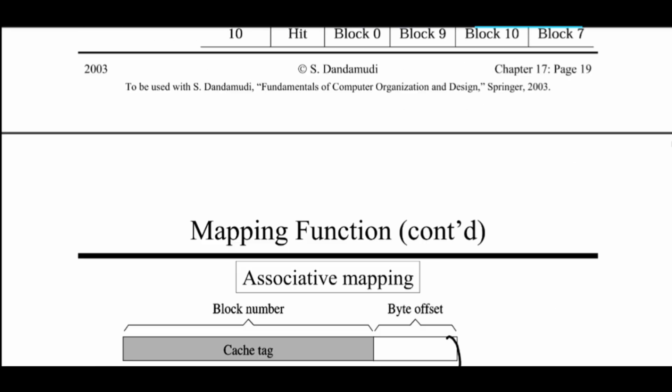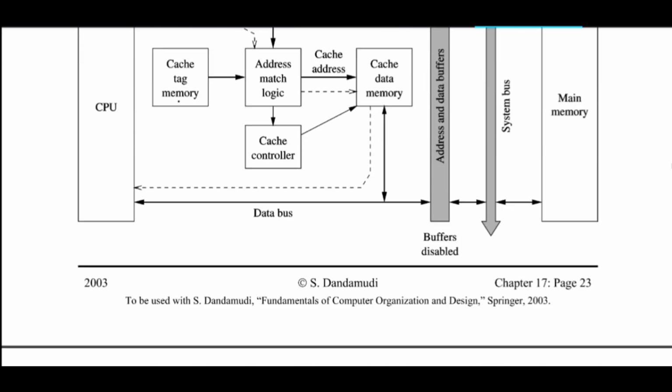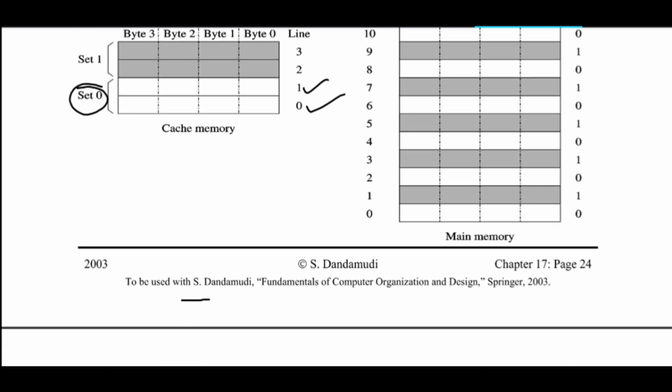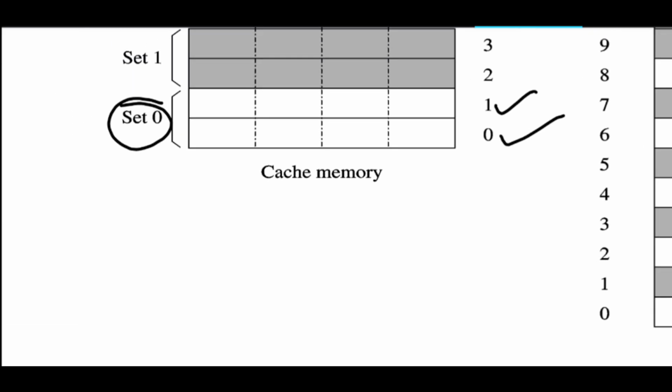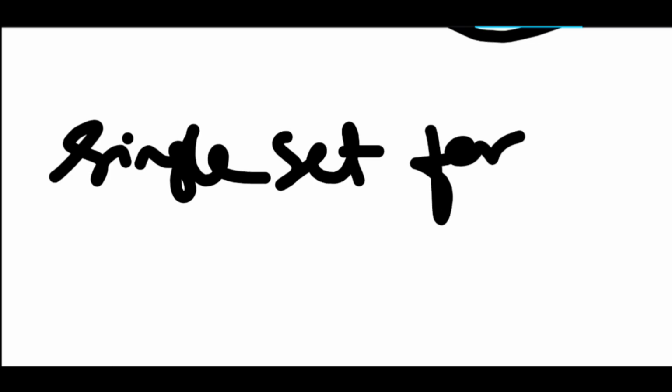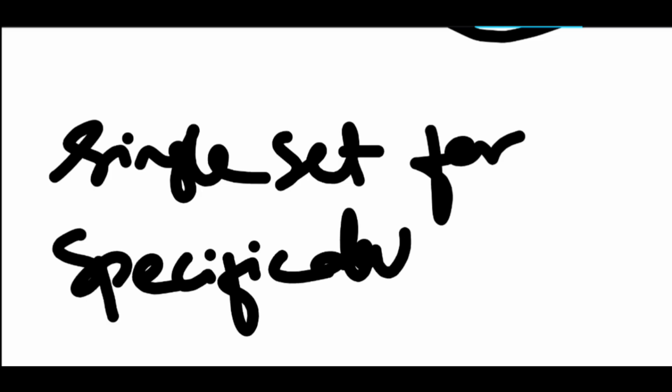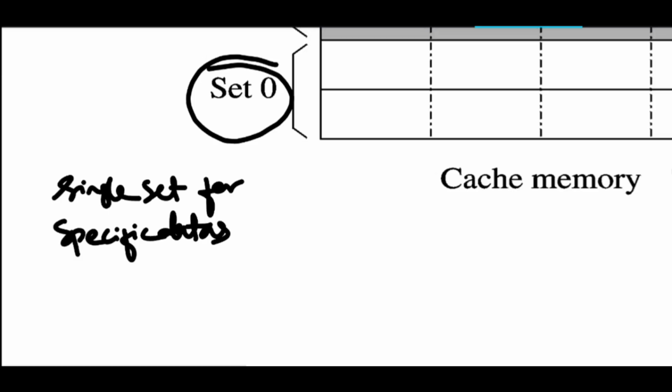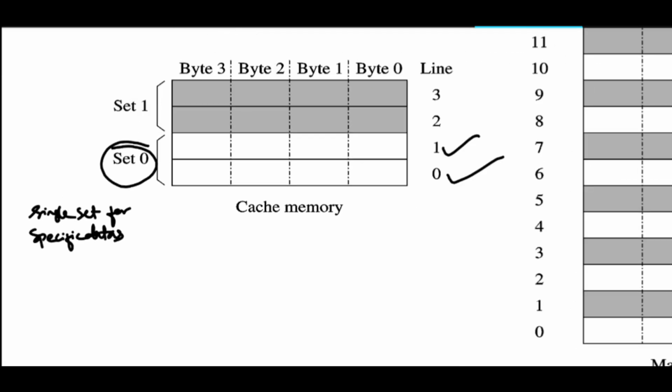In set associative cache, there is a single set for specific data. Just listen: multiple specific data can be loaded into a single set.